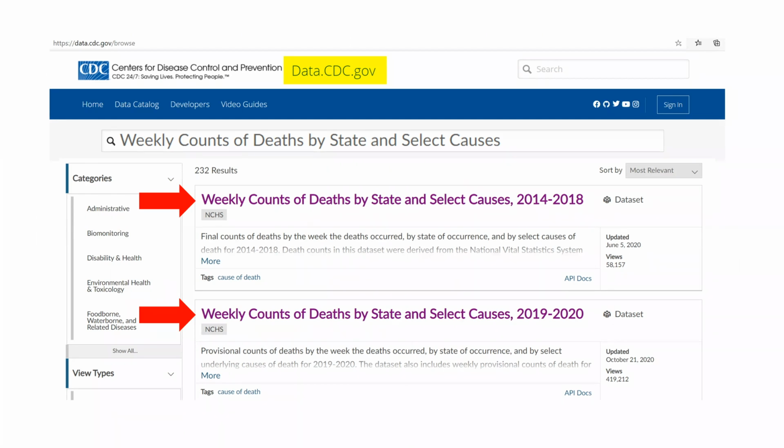Next, look at our next data set. We go to data.cdc.gov and we browse there. So we find our data set by typing in the search window weekly counts of death by state and select causes. And we find two data sets, a 2014-2018 one and a 2019-2020 one. I select each one at a time.